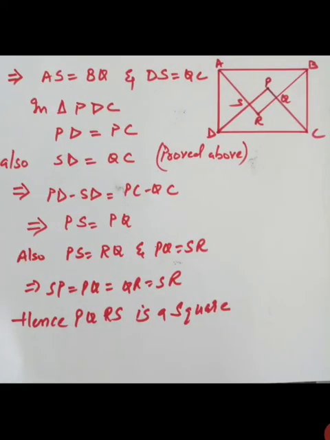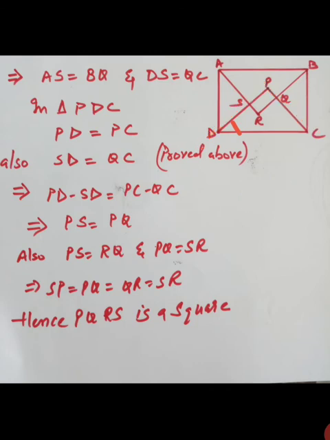Now see here, we have proved that AS is equal to BQ and DS is equal to QC. Also in triangle DPC, you can see that this was alpha, this was alpha, this was alpha, right? So obviously DP is equal to PC, by using the criterion that if two angles are equal in a triangle, then their opposite sides are also equal.